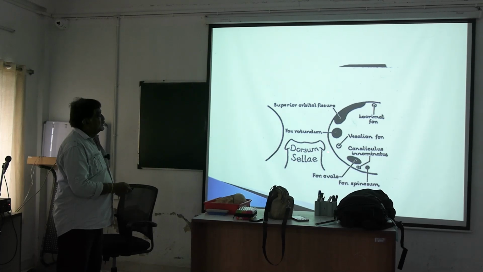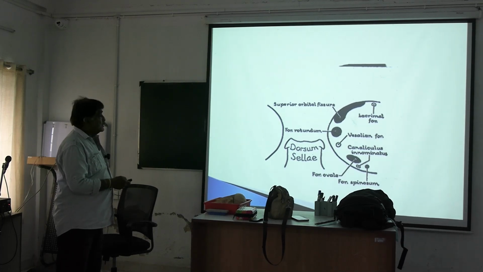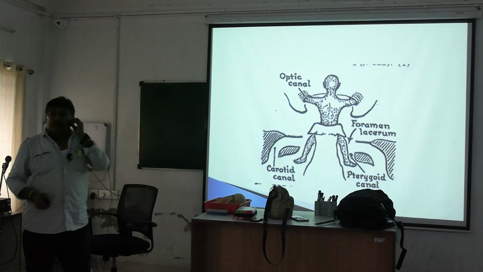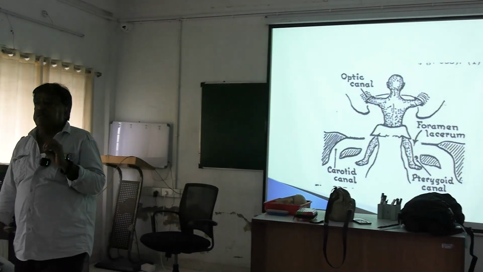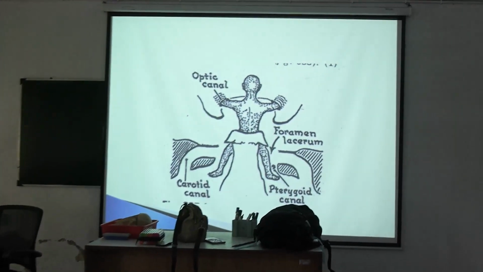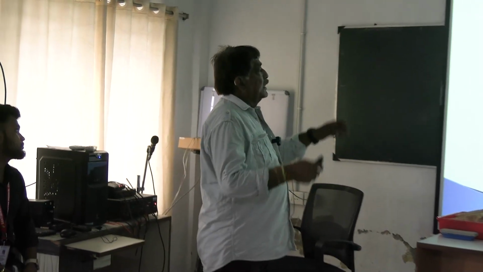This is the dorsum sella that lodges the pituitary gland. And see, this is a very old picture, black and white. And you can see how the man is there.